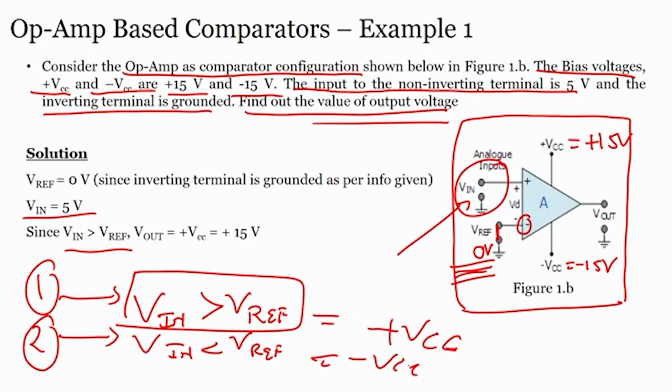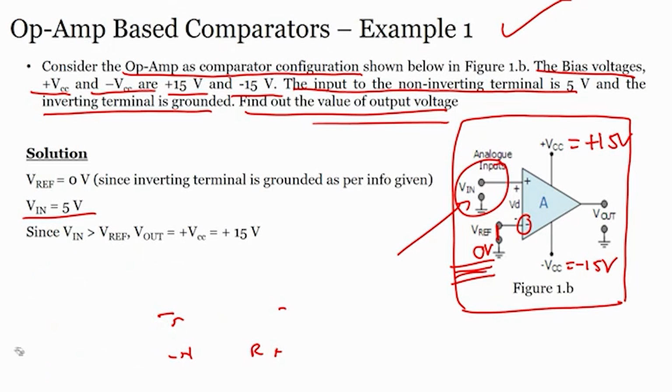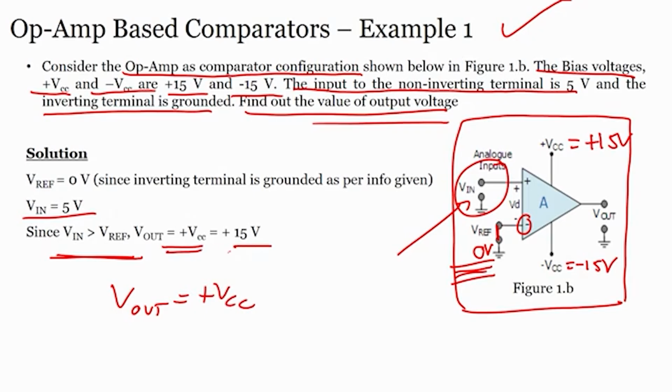For this particular example, our answer is plus 15 volts, because it satisfies the condition V in greater than V reference, and then V out is nothing but plus VCC, which is plus 15 volts. So, it is super easy.